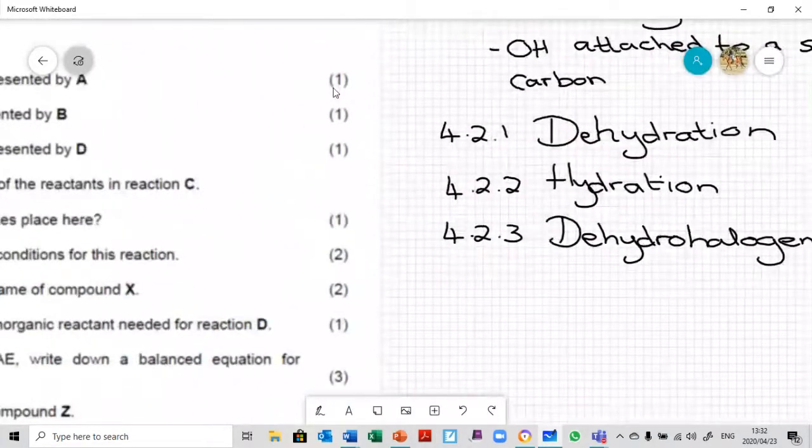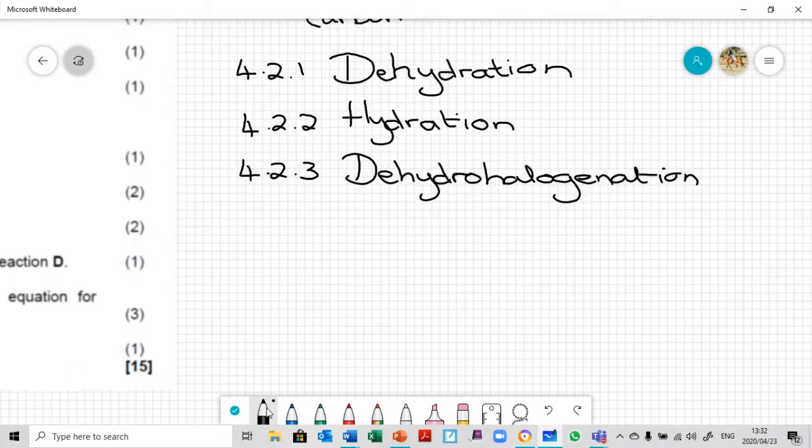Now again, you could get away with simply saying it is a substitution reaction, okay? You could get away with doing that.